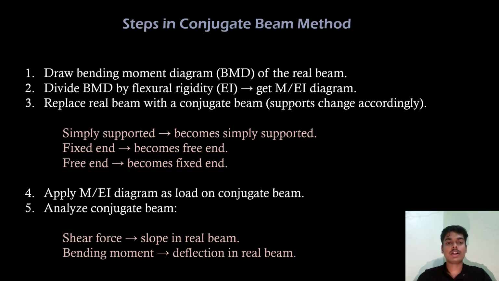Third, replace the real beam with a conjugate beam: simply supported remains simply supported, fixed end becomes free end, and free end becomes fixed end. Fourth, apply the M divided by EI diagram as load on the conjugate beam. Fifth, analyze the conjugate beam. Shear force is the slope in the real beam and bending moment is the deflection in the real beam.